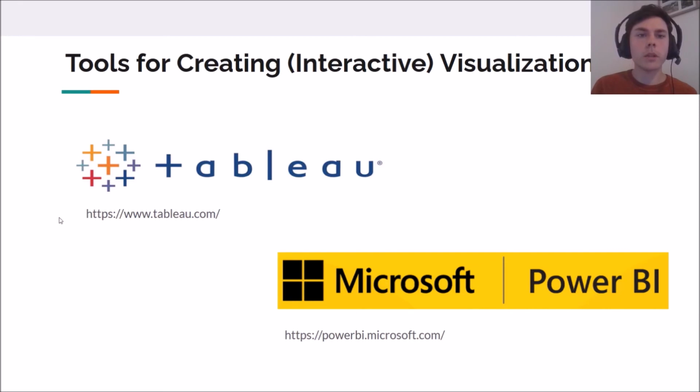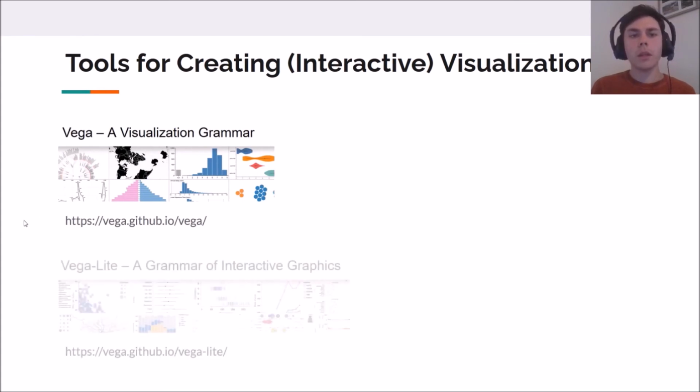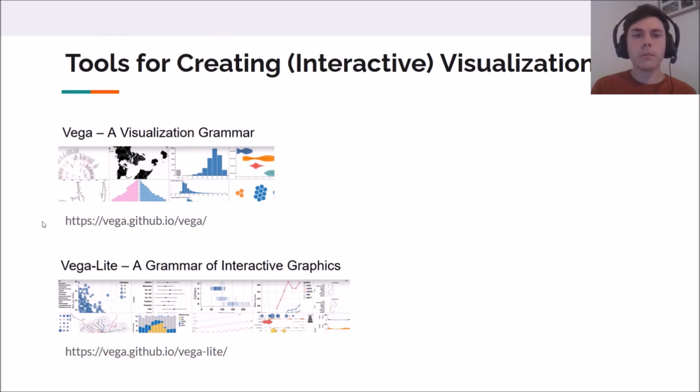lots of complex interactions. For creating simple interactive visualizations, I can recommend Vega and Vega Lite in JavaScript, so for browser-based applications. For Vega and Vega Lite, the creators tried to abstract different concepts, similar to what I talked about in the data and task abstraction, into simple commands that you can piece together to create pretty nice interactive visualizations.